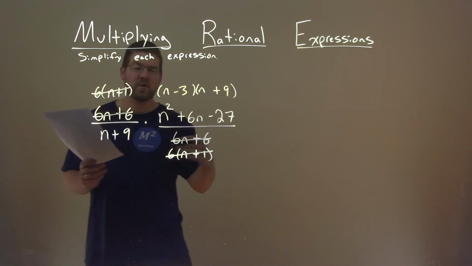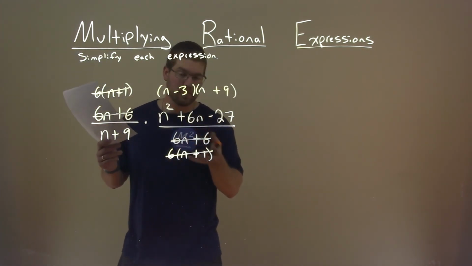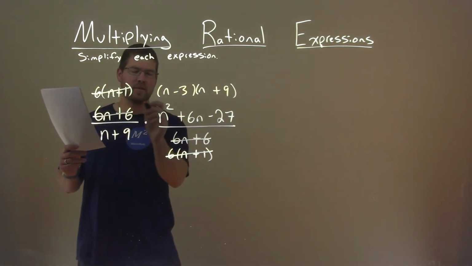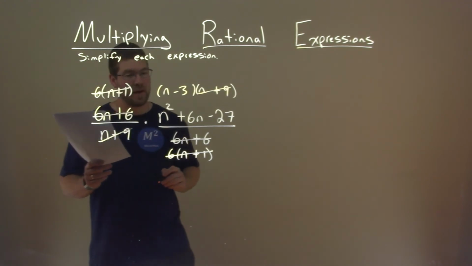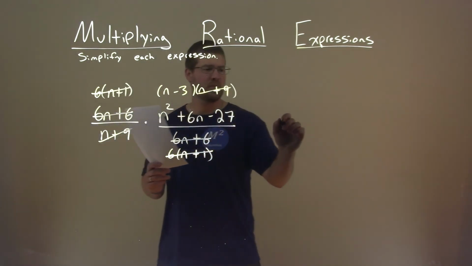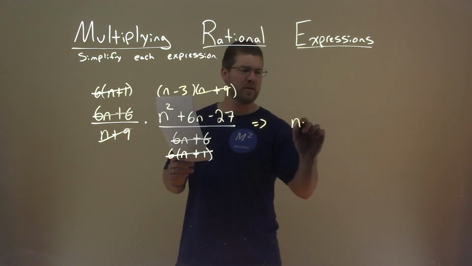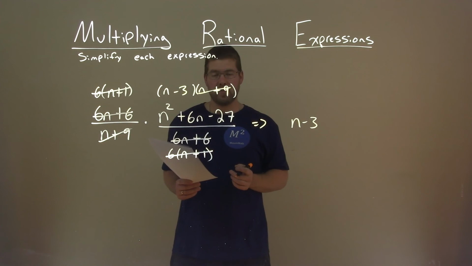So we could have actually just crossed it off from the beginning, and I probably should have, but now you can see that, well, pay attention, you might be able to cross things out early. N plus 9 cancels out with this n plus 9 as well. So what are we left with? Well, just that n minus 3 in the numerator, and that's it. Our final answer here is just n minus 3.